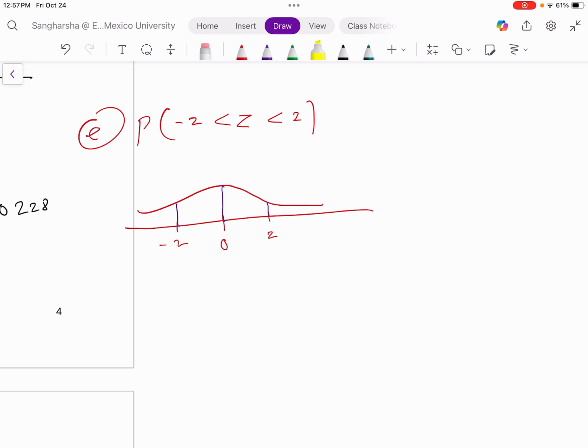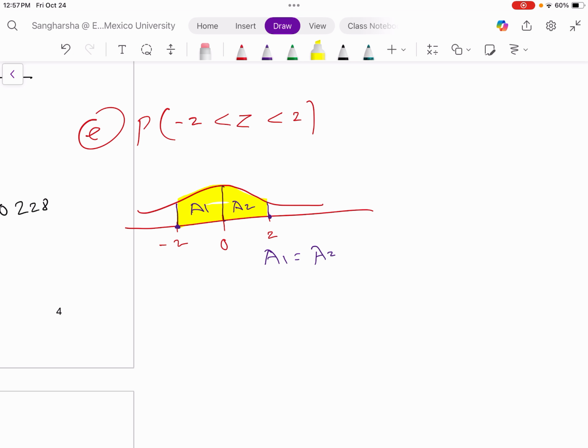We are interested in these two areas. Let me call this area A1 and this area A2. Area A1 equals area A2, because the graph is symmetrical.